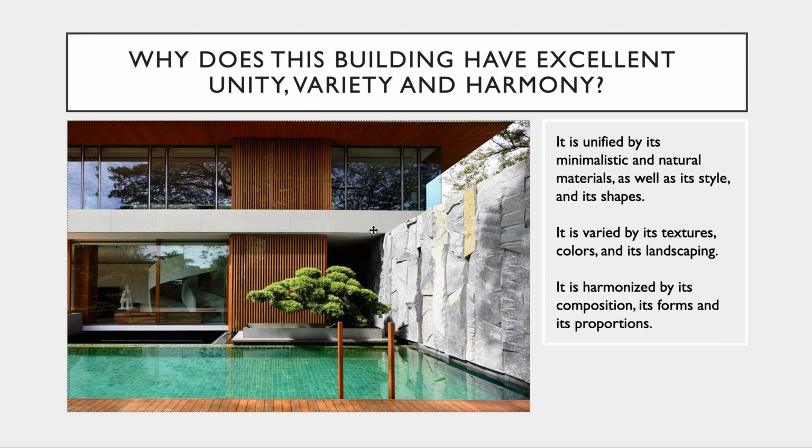So you have stone, which is organic, but it's ashlar cut to create very geometric forms out of something that's organic. We're varied by our texture, our colors, and our landscaping, and then it's harmonized by its composition, its forms, and its proportions. Okay, so that is how we do it.